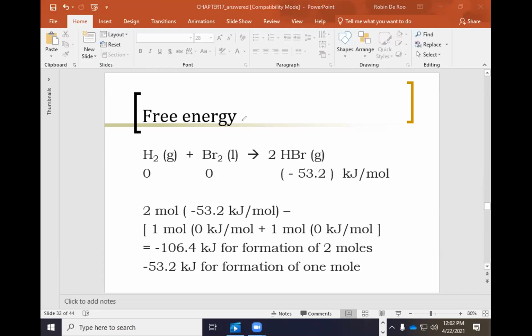Okay, so you want to show the phases. You want to remember your diatomics. I would give you these numbers, but I wouldn't balance the equation for you. And then this is products minus reactants. Technically, I should have had some brackets here. Maybe I can go ahead and do that now.